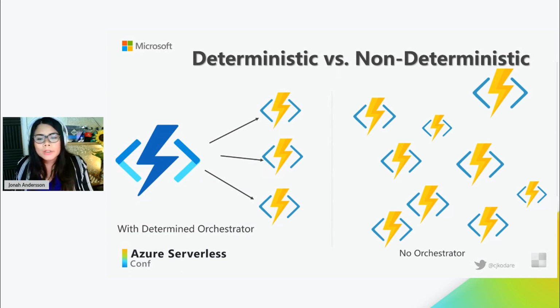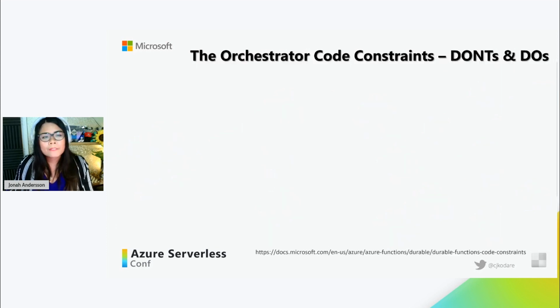The difference here is that, for example, if the VM of one of the functions on the right, without the orchestrator, gets restarted, there's a possibility that you will encounter some problems because it can be stateful. It loses its state when the VM is restarted in Azure.